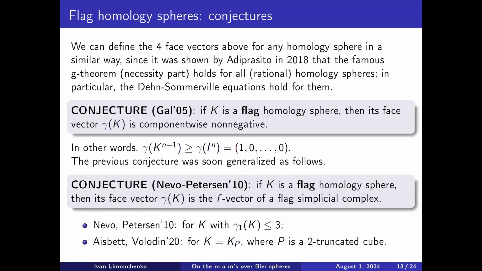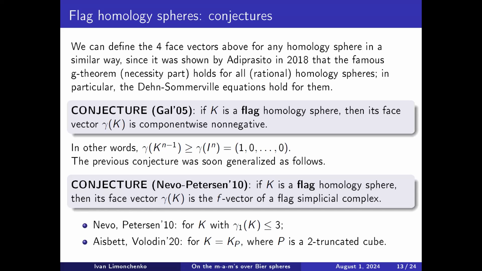Again, we can pay tribute to the great results of Karim Adiprasito, who in 2018 announced a solution of the g-theorem for all homology spheres, and the Dehn-Sommerville equations, as we know, are part of the necessity part of the g-theorem, so they hold for any homology sphere, as I mentioned. So gamma vectors are defined, and here are the conjectures about them.